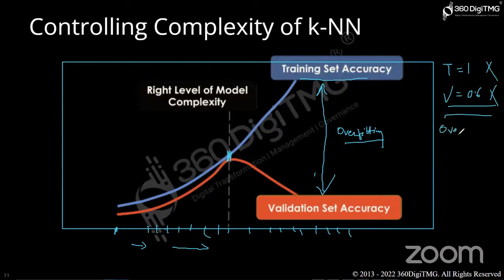It is not a right fit model, it is an overfit model. So we should choose this k value very carefully. If you take a very high k value, it might overfit.